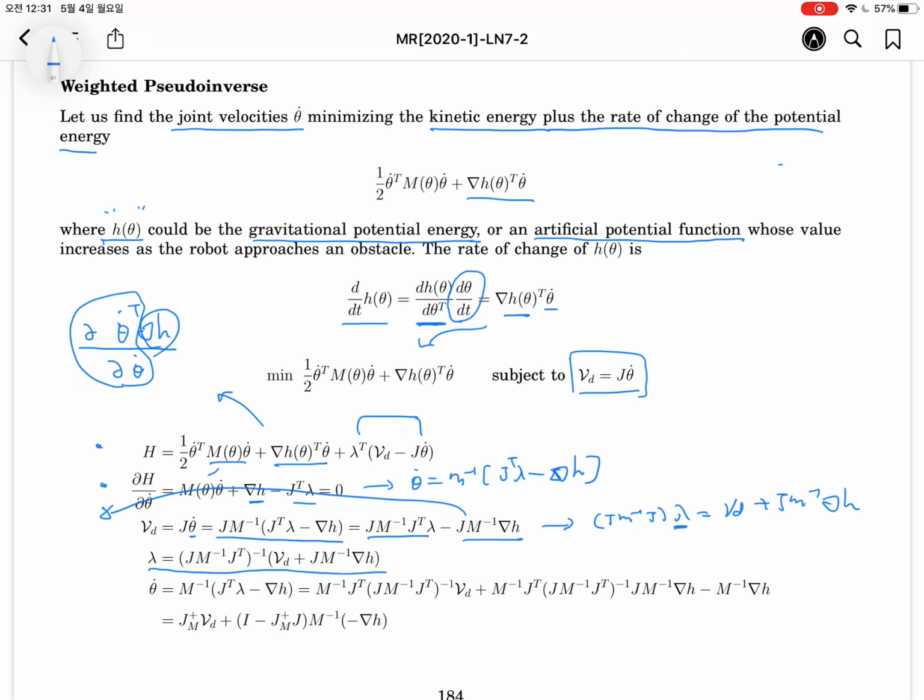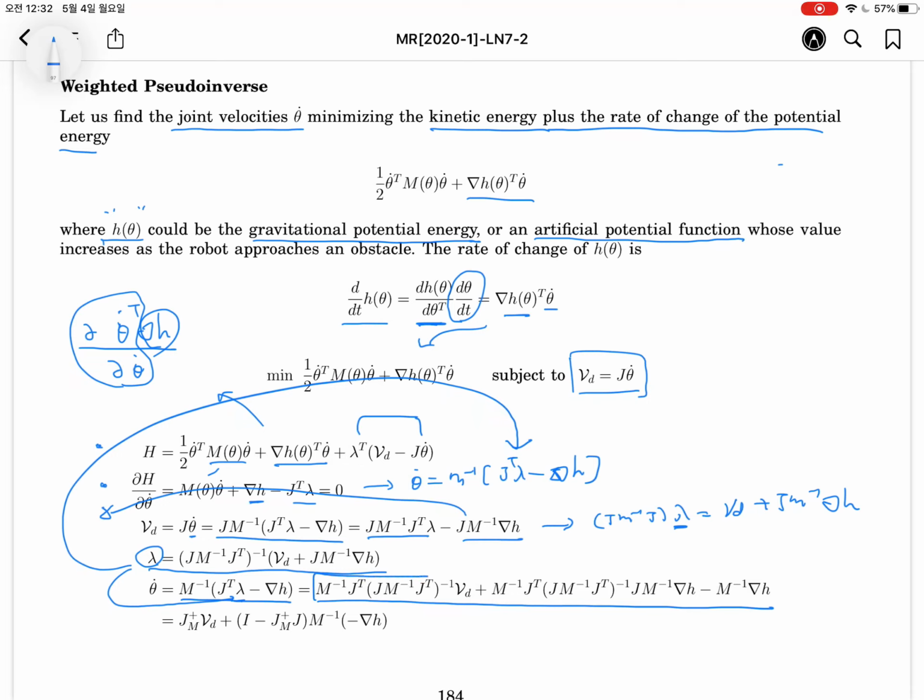Okay, this lambda will be applied to here. Lambda will be applied to here. So theta dot is given like this. Then we have three terms. It's very long. It's difficult to understand.